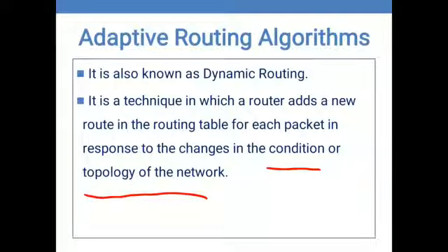In adaptive routing, it is a dynamic one. Dynamic means it automatically changes. Based on the condition of the network or based on the topology of the network, sometimes the router will update the data in the routing table.